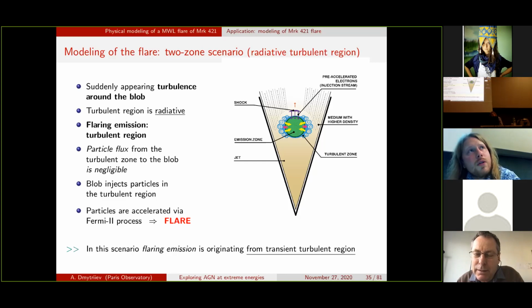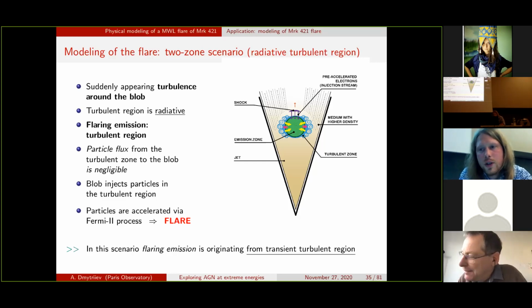I believe I can simulate this configuration as well, but I need to really verify what's happening with the fluxes shown in yellow. I cannot tell you whether it will fit this flare, but it's definitely possible to simulate that.